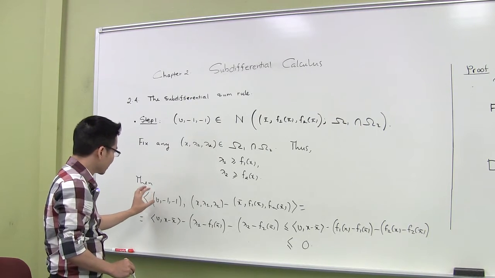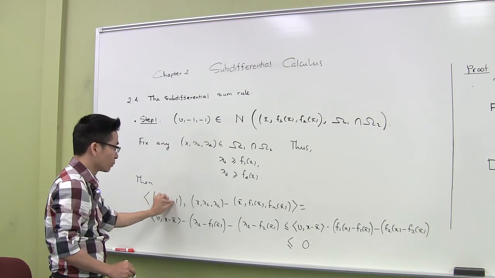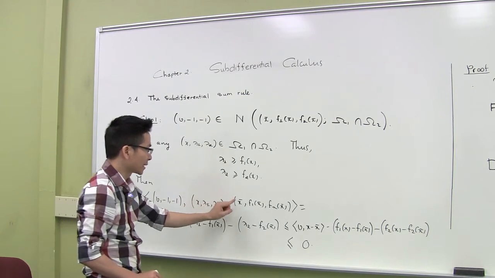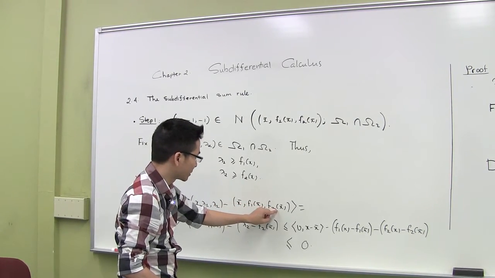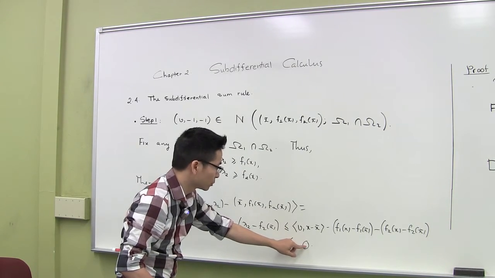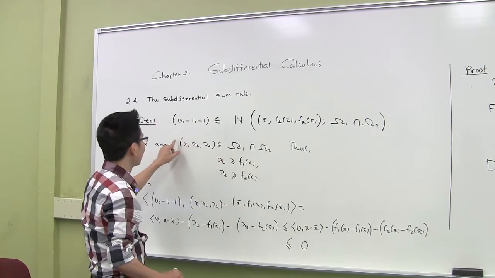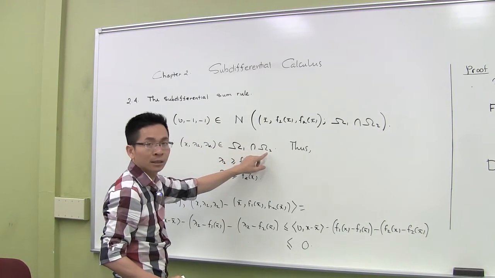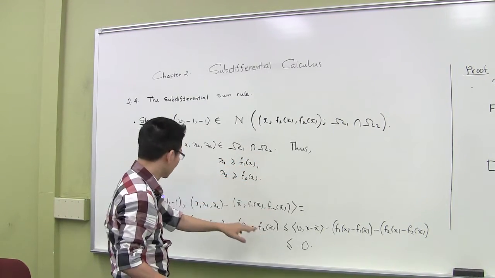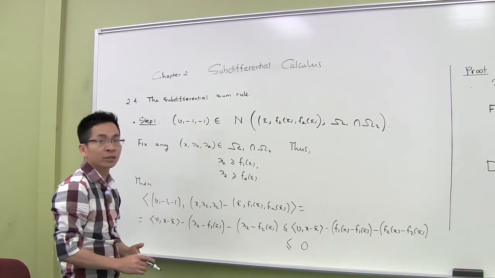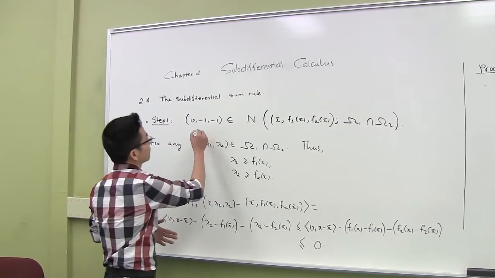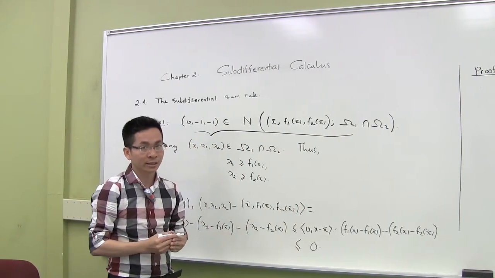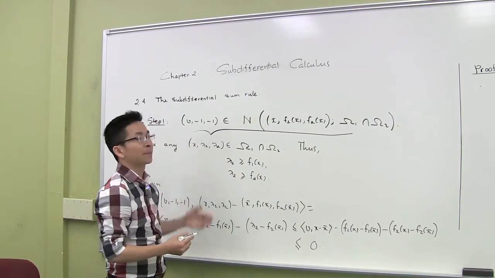So the inner product of v, minus 1, and x, lambda 1, lambda 2 minus x bar, f1 x bar, f2 x bar is always less than or equal to 0 whenever we take x, lambda 1, lambda 2 in the intersection of omega 1 and omega 2. So by the definition of the normal cone to convex sets, we have exactly this. Okay, so I already completed the proof of the first step.